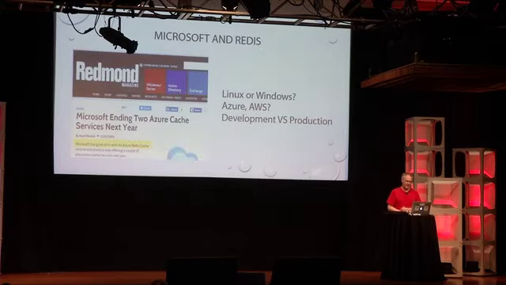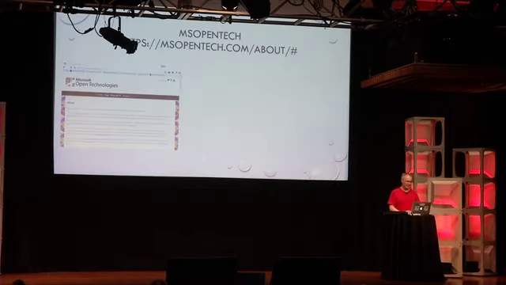So back to Redis and Microsoft a little bit. Basically, Microsoft, we know, was evil and is not evil anymore. About 10 years ago, Microsoft started this transition from evil to not evil. The current executive vice president, who's in charge of Visual Studio and all things Azure, is a guy named Scott Guthrie.